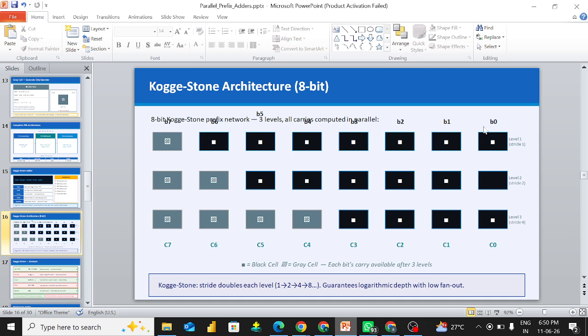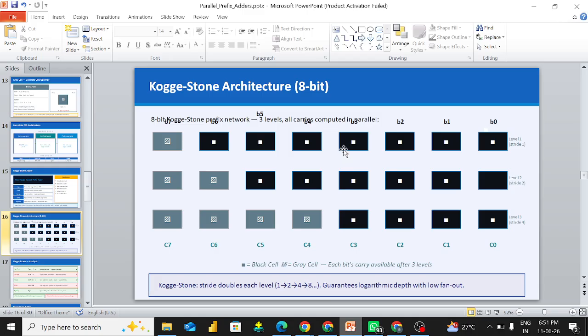This is your level 1. Look here, inside stride 1 you have separate bits, right?